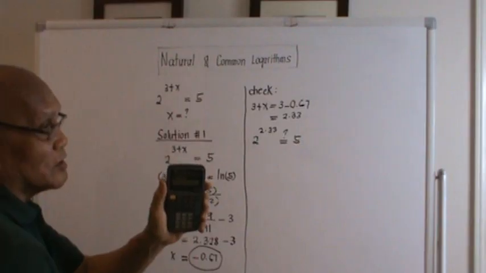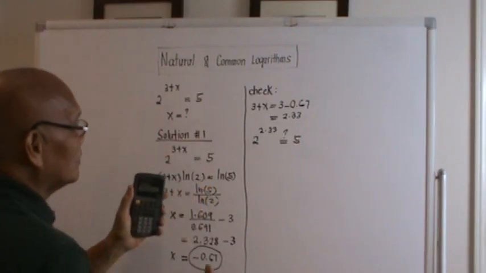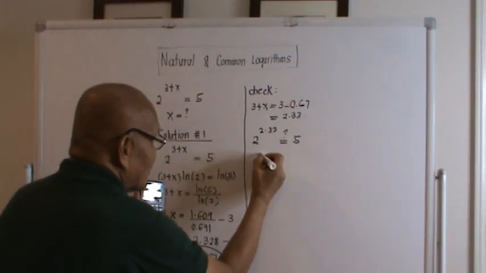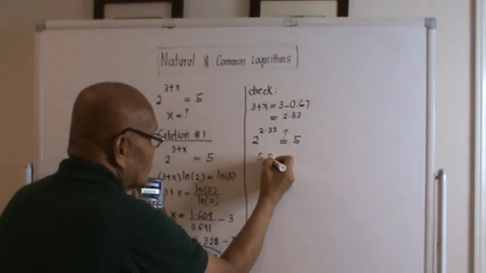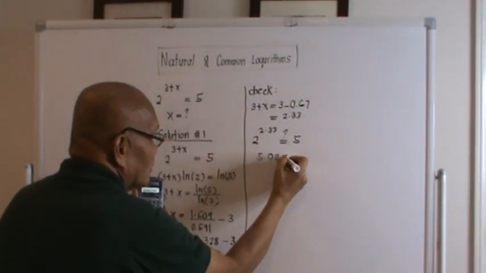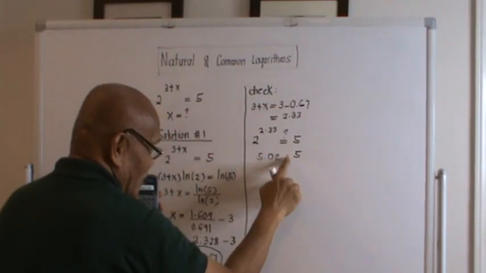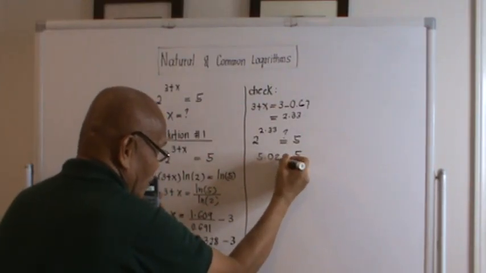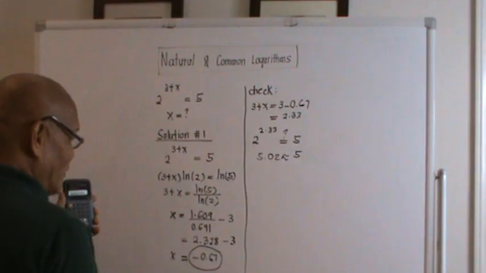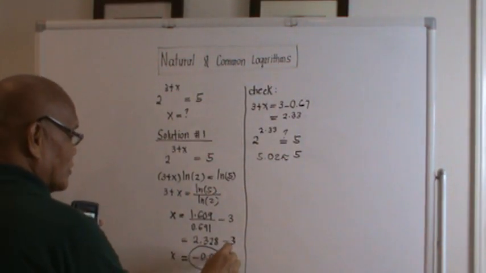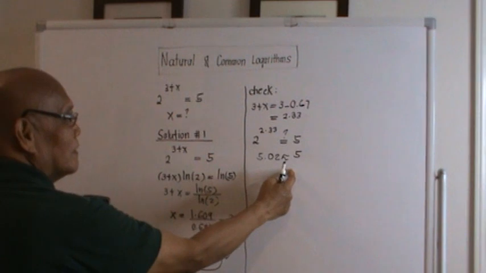This is almost 5. It is 5.02, which is approximately equal to 5. So the value x equal to negative 0.67 is correct.